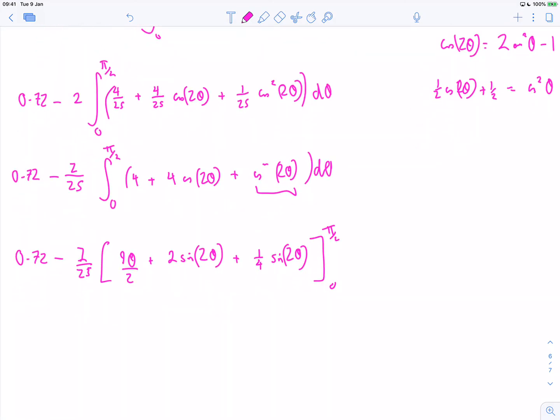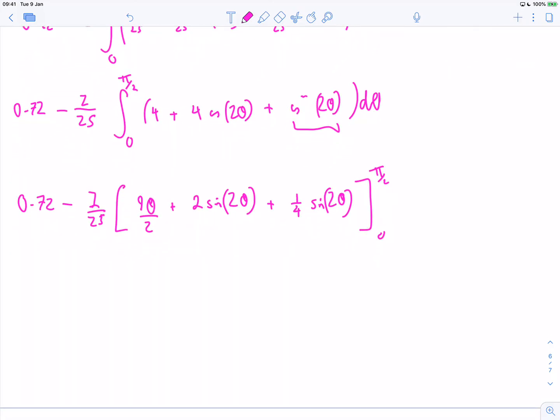We can ignore the bottom limit of 0 because when I plug 0 into this thing, well, sine of 0 is 0 and 9 halves of 0 is still 0. So this becomes 0.72 minus 2/25 of 9 over 2 times pi over 2, which is 9 pi over 4, plus 2 lots of sine of pi, which is 0. Wow, really? That's cool.